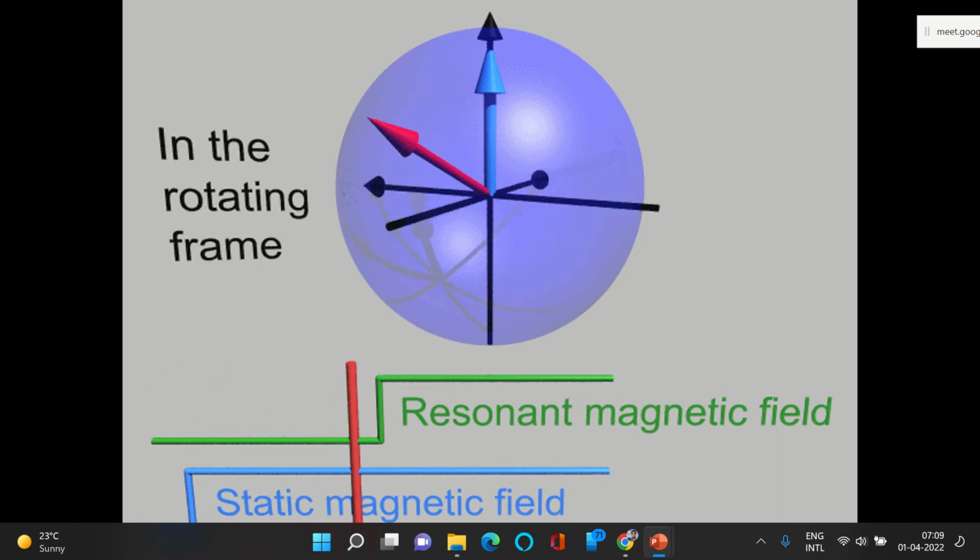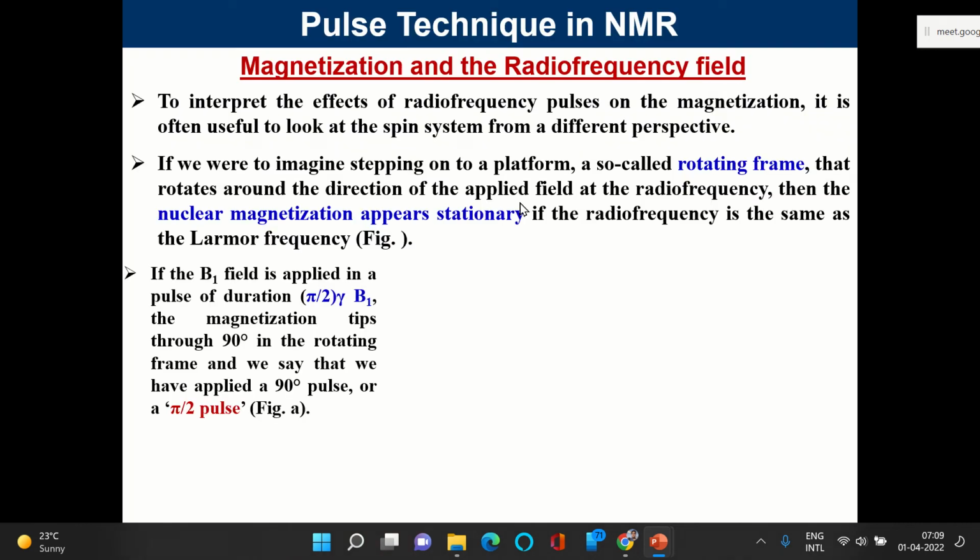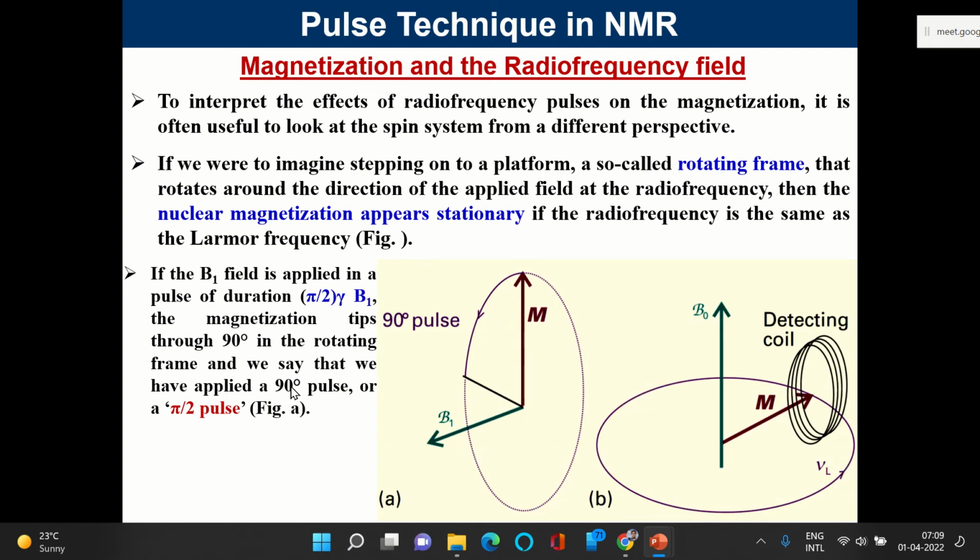That duration can be calculated: it is pi by 2 divided by the gyromagnetic ratio times B1, the field. That is the duration of the pulse you can define. Depending on the requirement, we can have different durations of pulses, and mostly we call them 90-degree pulse or 180-degree pulse.